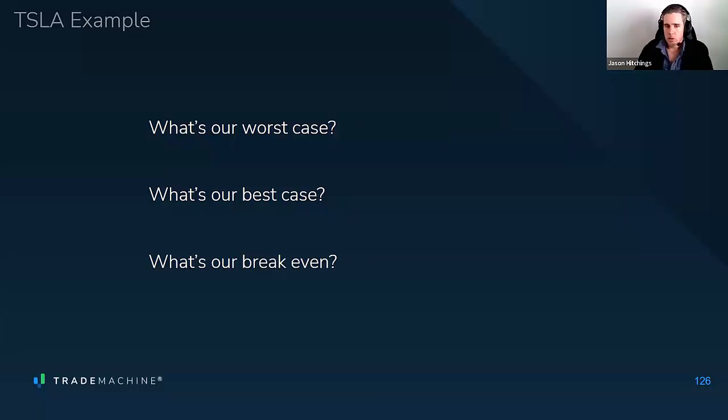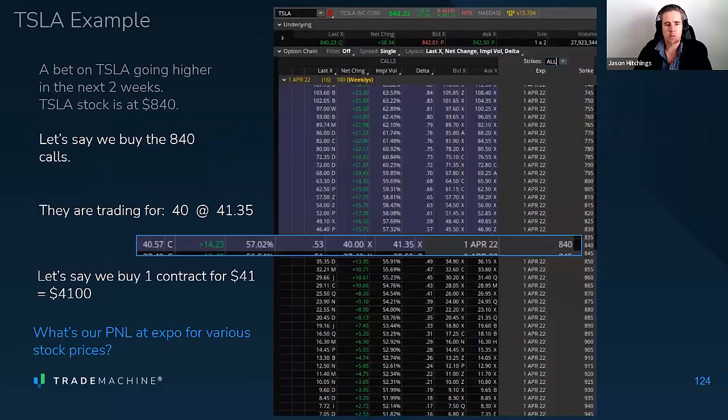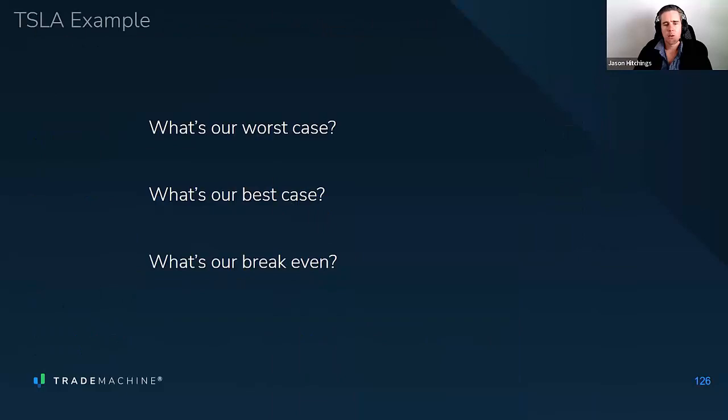In terms of the best case, well, if you're just buying a long call, the best case is that Tesla goes to infinity. But let's just imagine for a second that it could go up to $1,000. And how about our break even? So we know that we're going to be buying this thing for $41. And every time Tesla goes $1 above 840 by expiration, each option contract is going to control 100 shares.